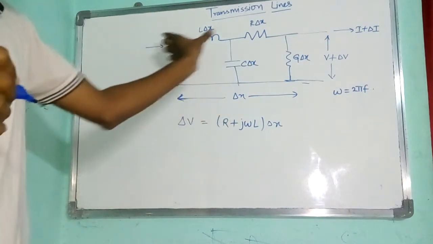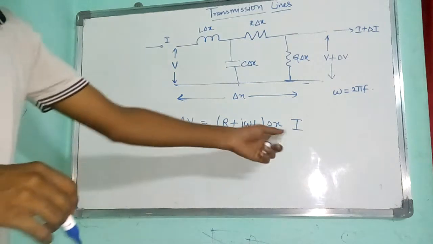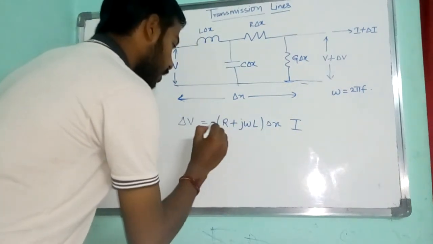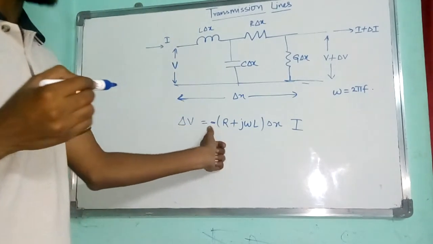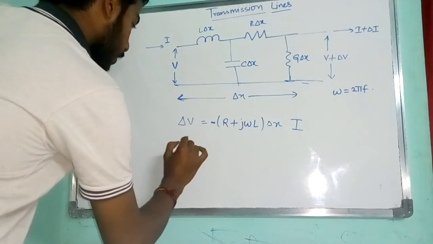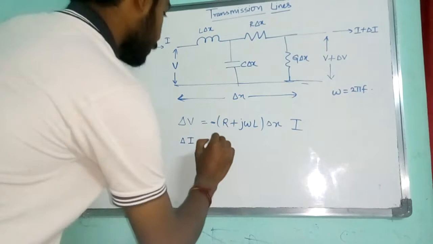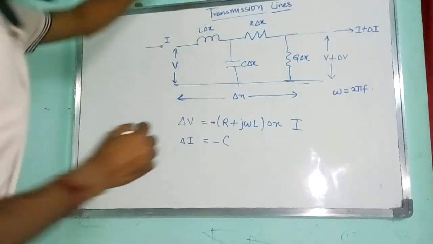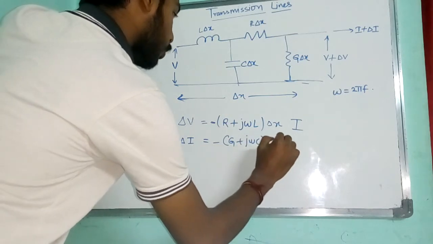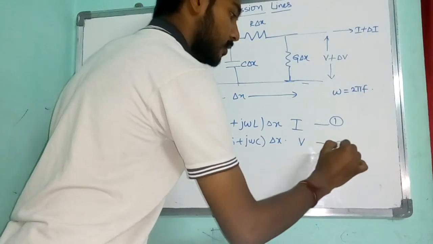Delta V equal to minus R plus j omega L into delta x into the current I, negative sign here. This negative sign indicates that energy is dissipated. Okay, and similarly the relation for the current delta I is given by minus G plus j omega C into delta x into V. Mark the first equation and this is the second equation.